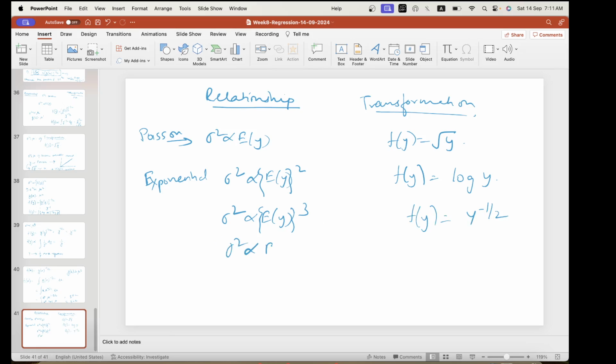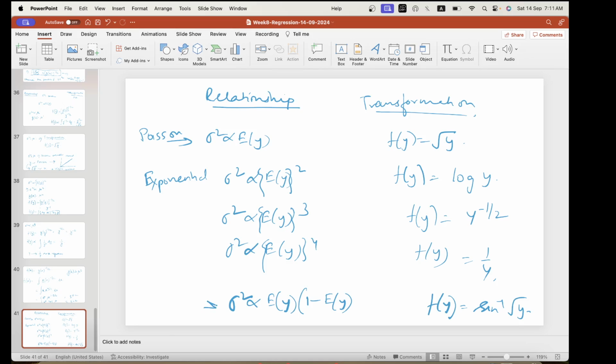If it is proportional to E(y) to the power 4, then fy will be 1 by y. And in case sigma square is proportional to expectation of y into 1 minus expectation of y, the transformation would be sine inverse of root y.